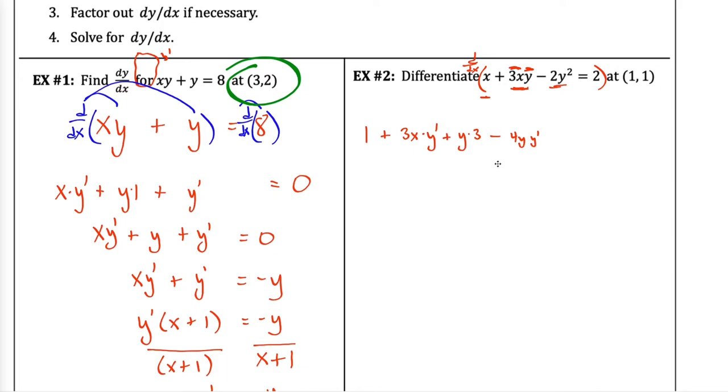So the way that you should view this, if it's not an x, is if every single one of these variables is a u. So like in my head, this is 2u squared. So it needs to be chain rule because it's a u. So 4y would be the normal derivative, no matter what the variable is. And then because it's not x, you do the chain rule at the end with y prime.